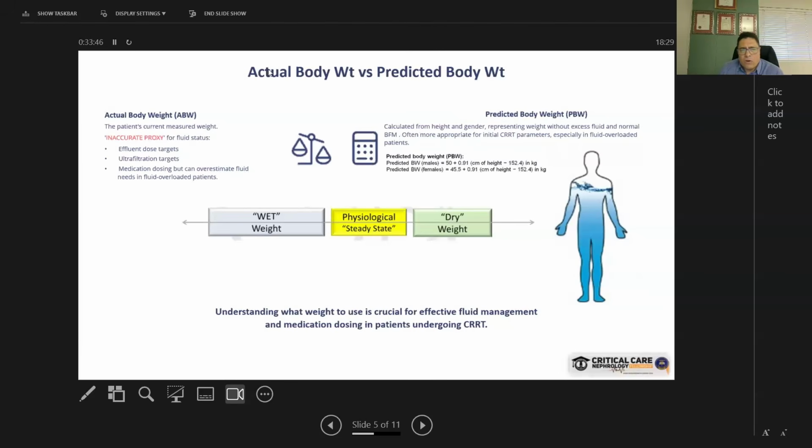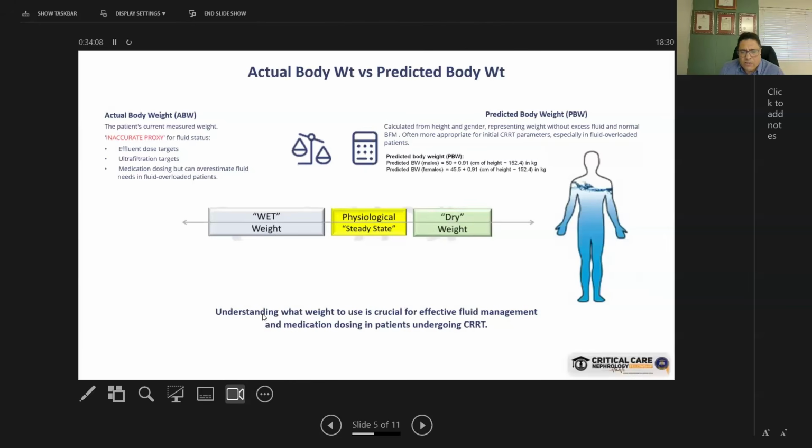The long and the short of using a body weight is we need to have a conceptualization of what our patient's physiological steady state weight is, versus a patient who is overloaded on the one hand with the so-called wet weight, as we use in nephrology, and on the other end the so-called dry weight, which implies that the patient has been adequately ultrafiltrated and dialyzed.